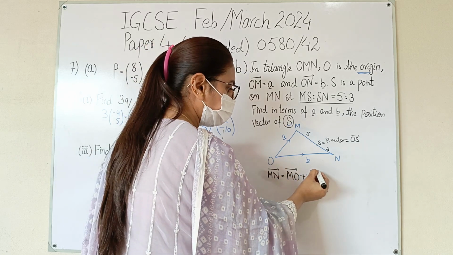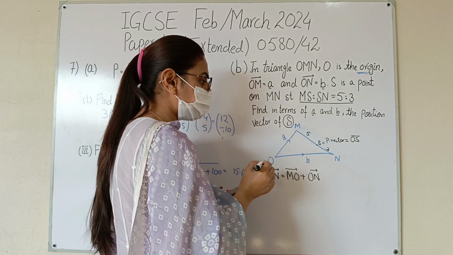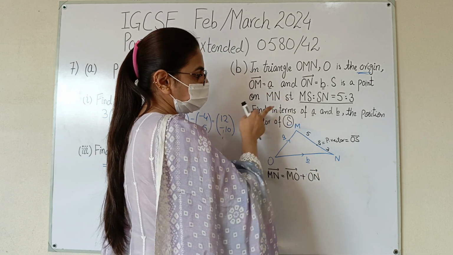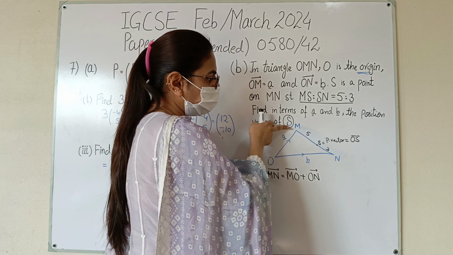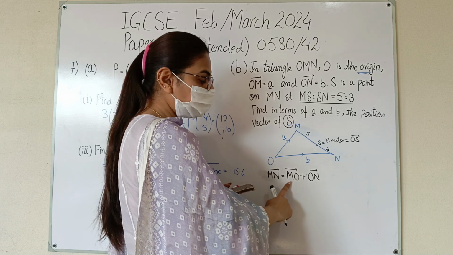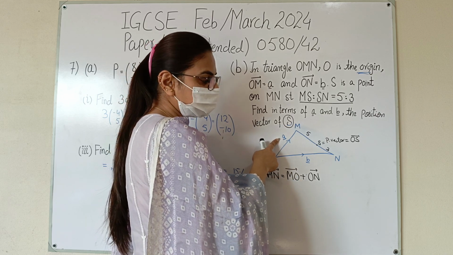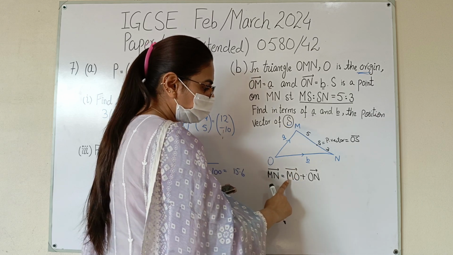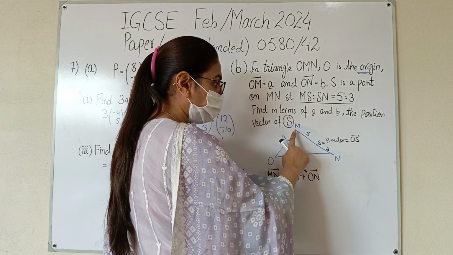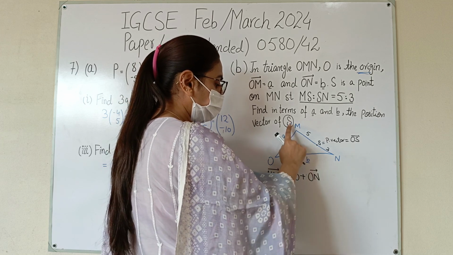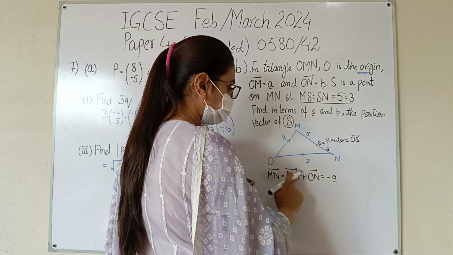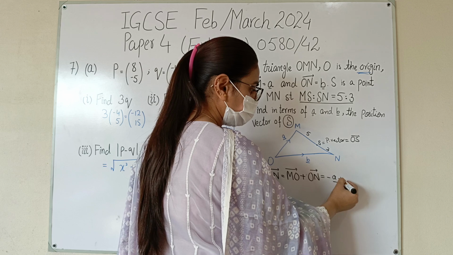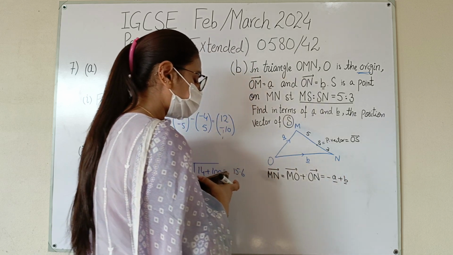Here you have to remember the direction. In the question, he has given you the direction from O to M, but here you are using M to O. It means you have to multiply this direction with a negative sign. So the value of MO will be opposite to OM, that is given as -a, whereas the value of ON that is shown in the figure is +b.